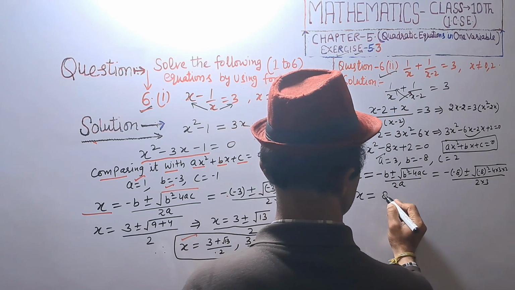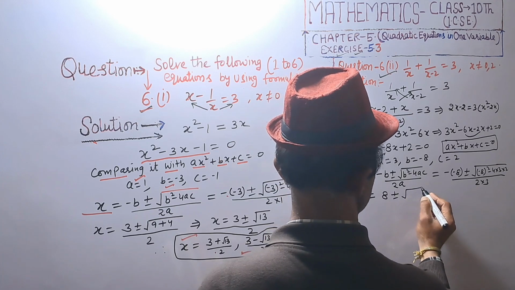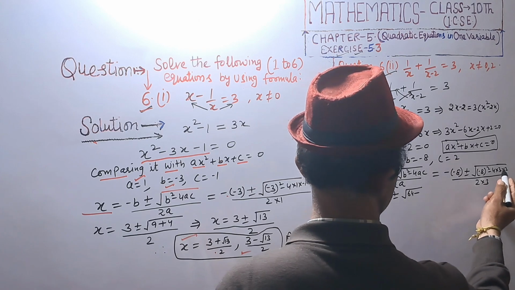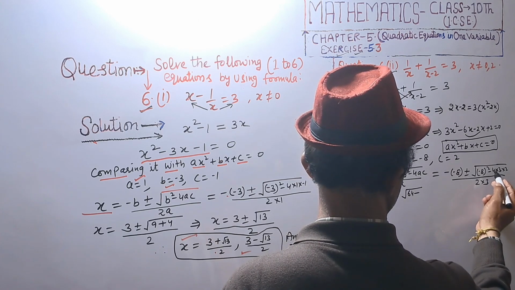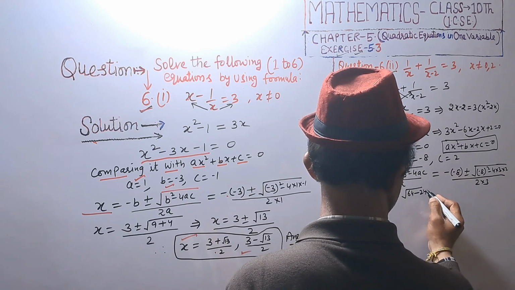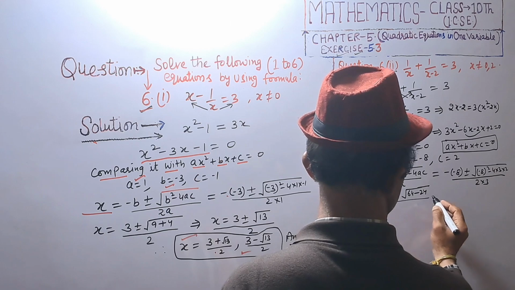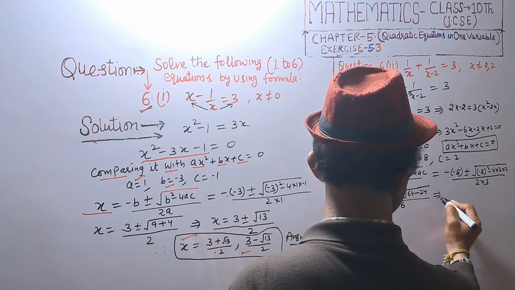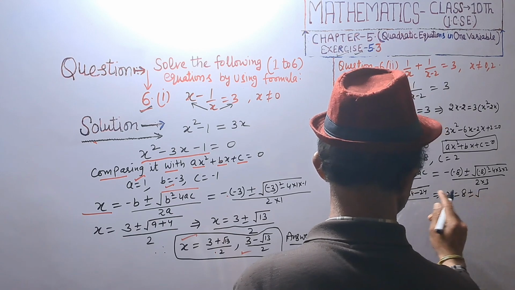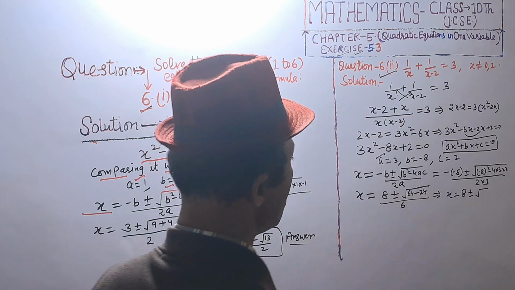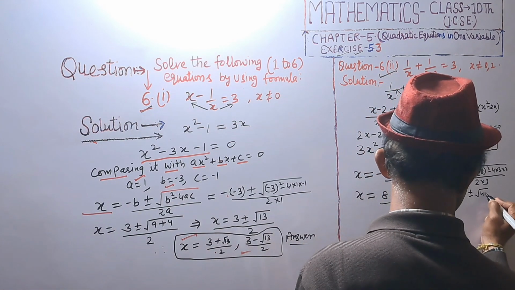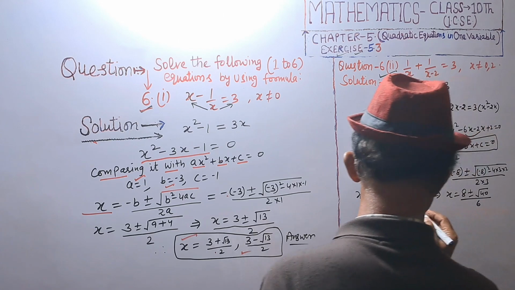x is equal to positive 8 plus minus root 8 8s are 64 and minus 3 4s are 24, divided by 6, which implies x is equal to 8 plus minus root 64 minus 24, that is equal to 40, and 40 divided by 6.